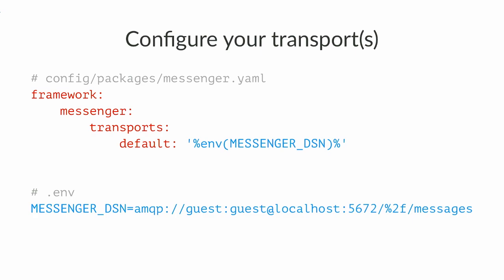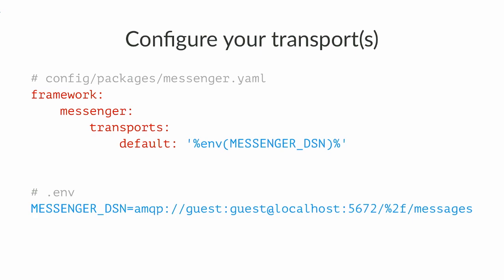The way we're going to create a transport, before routing the message to a transport, we're going to just create one. And the way we create one is by adding a new item in the framework.messenger.transports configuration. And here we just name it default, but that's just the name. That's the name of the transport we want to give. There's no magic thing about the default transport or anything, it's just its name.